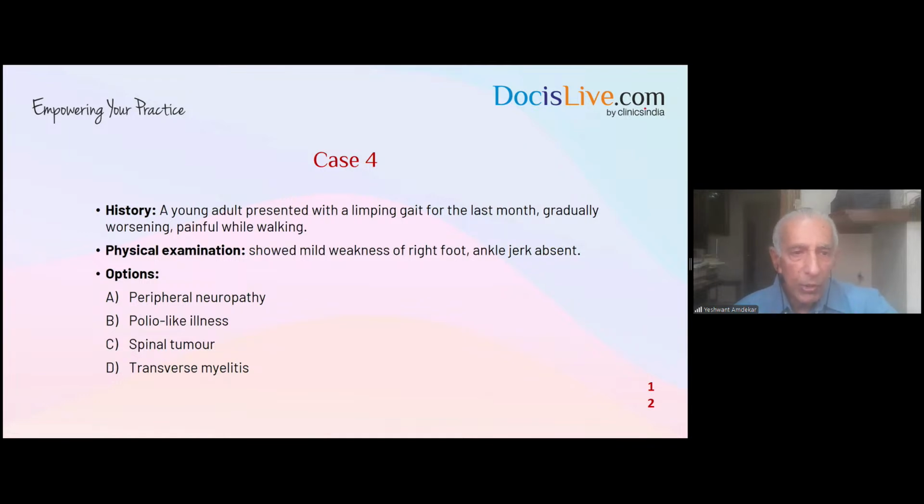Whatever happens over a long time of few weeks is likely to be not an infection or an acute inflammation, but a space occupying lesion. And don't miss this. A clinical examination of the spine may not show any abnormality unless the problem is in the vertebrae itself, like a TB spine, for example.